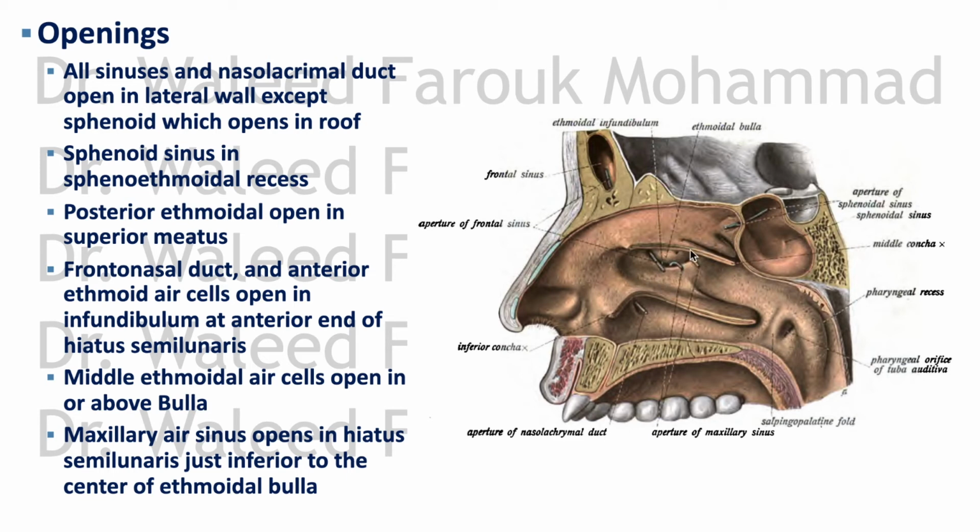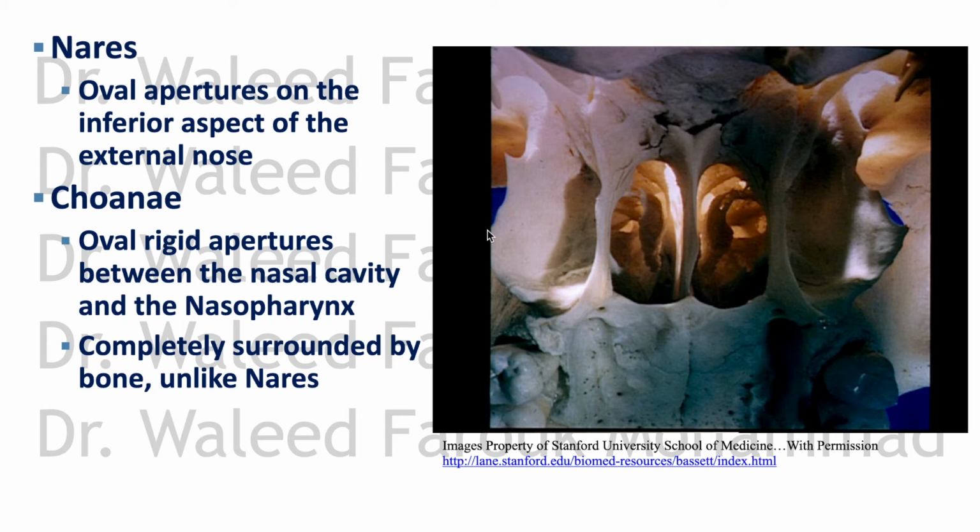The sphenoid, the maxillary, the ethmoidal infundibulum for the frontal and the anterior ethmoidal air cells, the middle ethmoidal air cells and the bulla ethmoidalis again, and the maxillary sinus in the middle of the hiatus semilunaris, and the nasolacrimal duct in the inferior meatus. Okay?